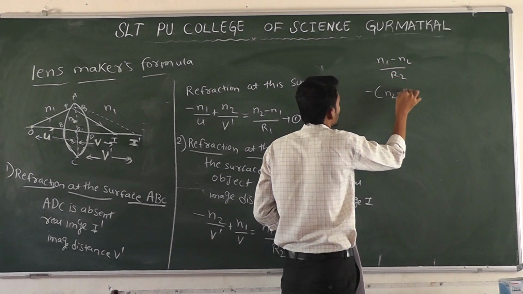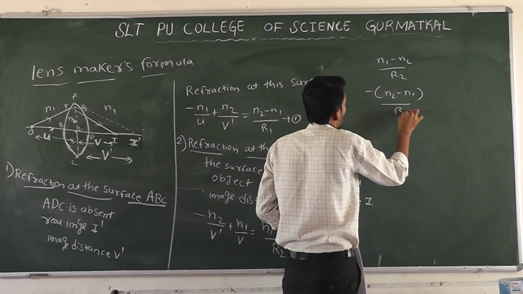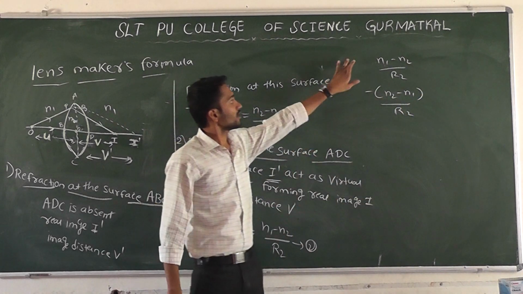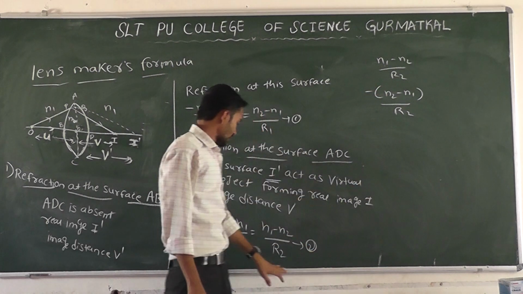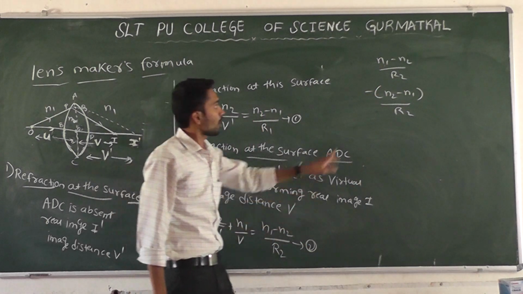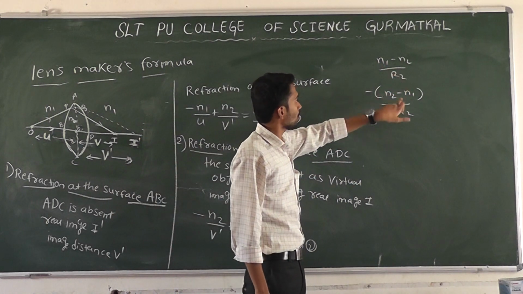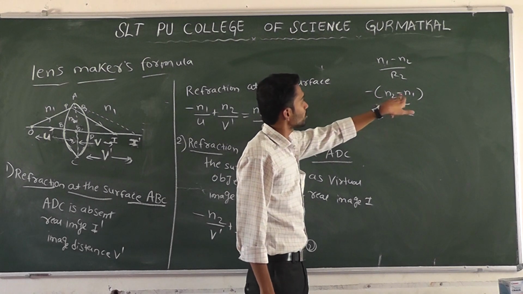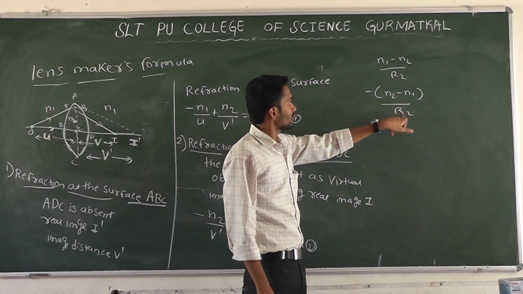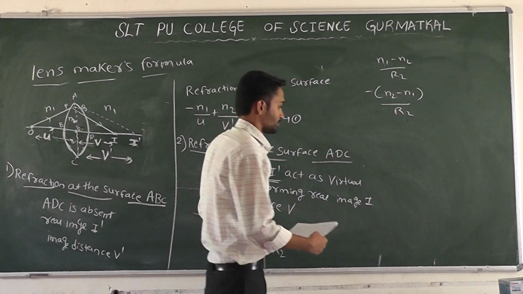We can also write it in another form: minus n2 minus n1 by R2. Both give the same meaning. So see the equation n1 minus n2 by R2. How can we write it? Minus n2 minus n1 by R1. We are converting it into this form.